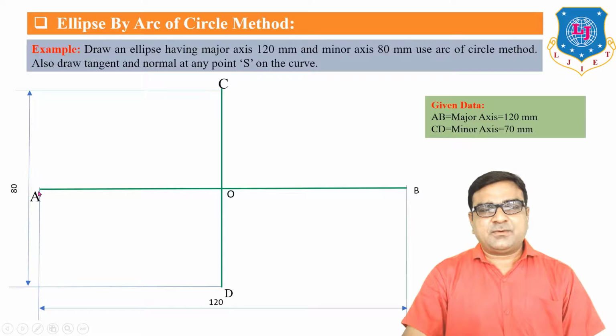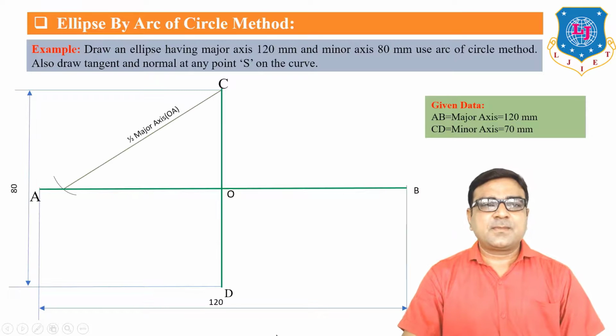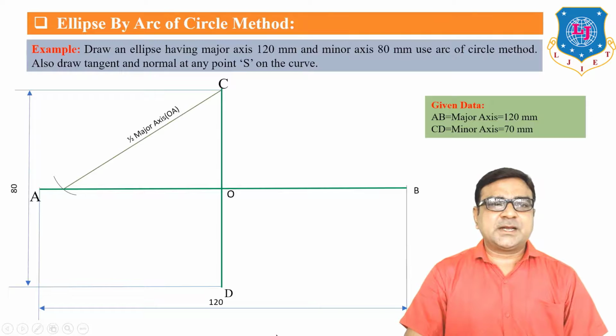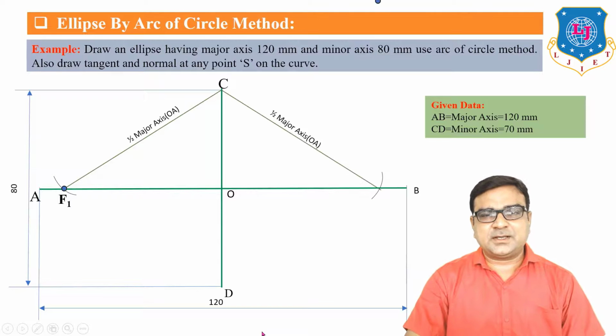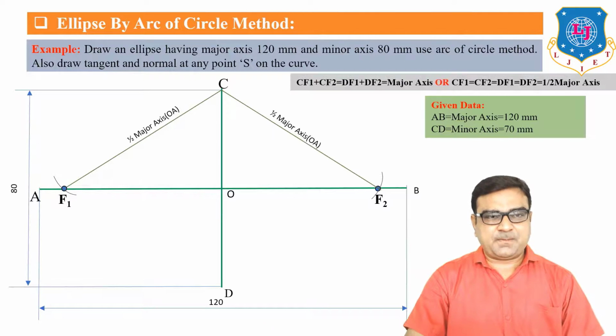So half of the major axis is AO. So AO is equal to CF1 and also CF2. So taking half of the major axis OA as radius and C as center, draw an arc on the major axis. This is F1, one focus point, and another F2 is also half of the major axis from C. This is the equation.